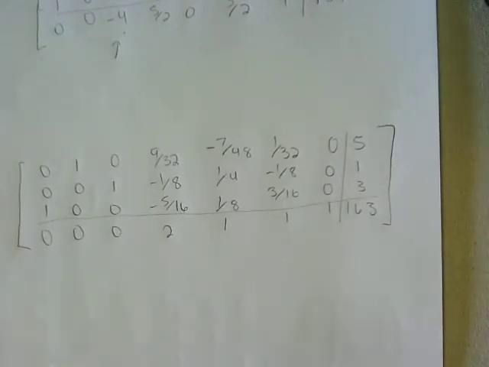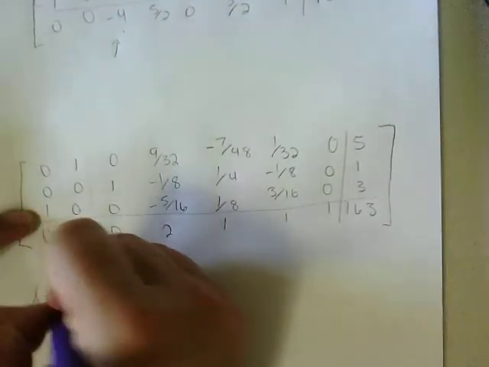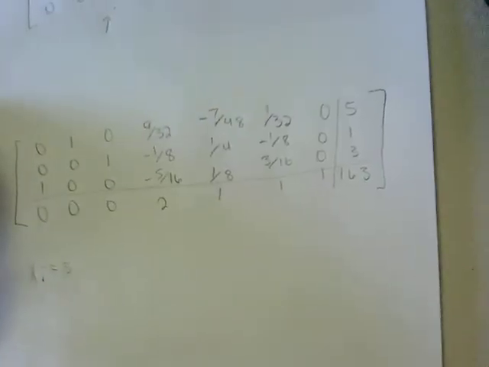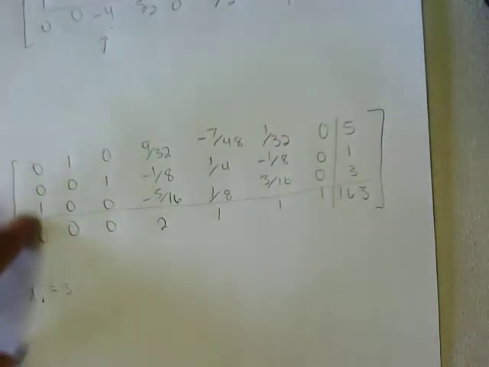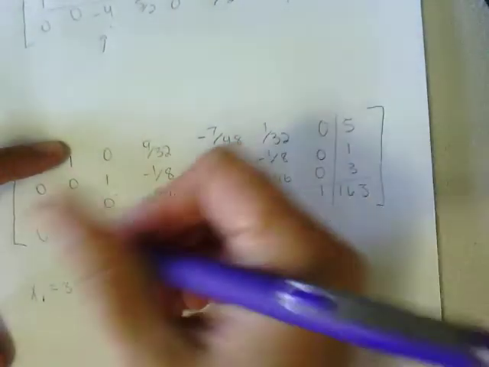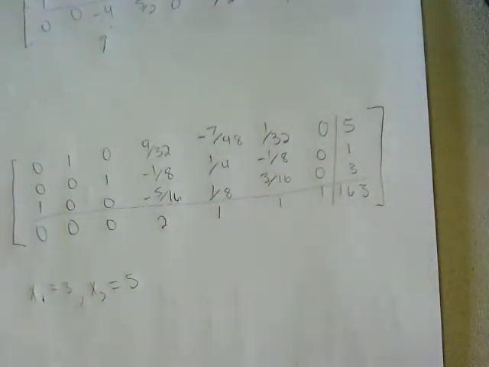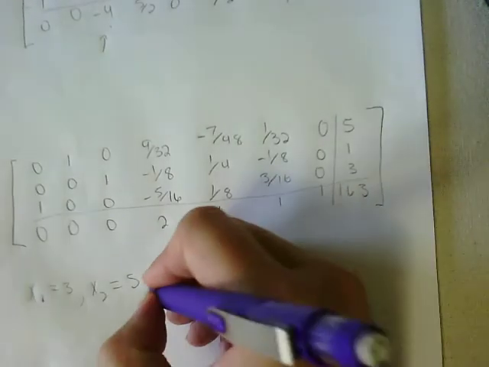Okay. So to read my answer here, I know that x1 equals 3, because this is all zeros. x2 equals 5. x3 equals 1.